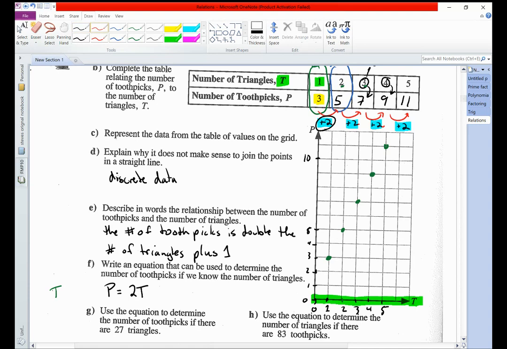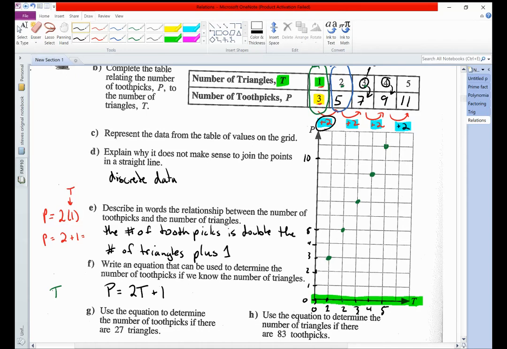And then we do a test point. Does this actually work? Well, if T is 1, then we know P should be 3. So let's do a test. P is equal to 2, and then I'll put a 1 where the T should be. Well, 2 times 1 is 2, and we know it should be 3. So what if we added 1 to it to get to 3? Let's try that. So we'll go plus 1.